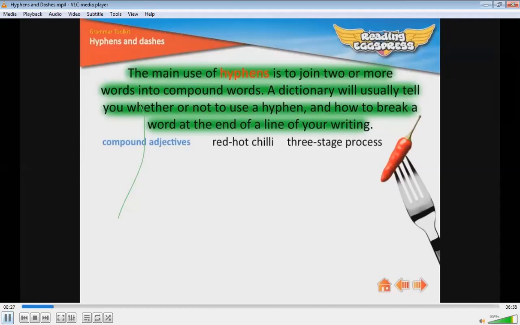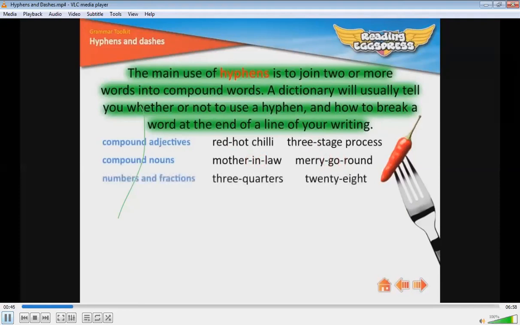Adjectives where hyphens are used: red-hot chili, 3-stage process. Hyphens are used in compound nouns such as mother-in-law, merry-go-round, and also in numbers and fractions. Examples, 3/4 and 28.